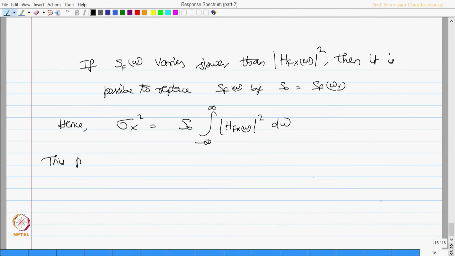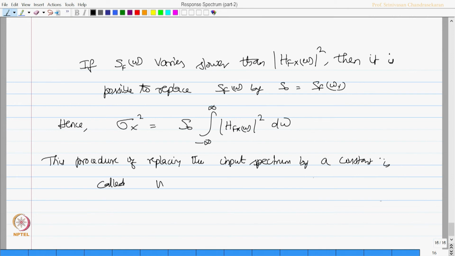This procedure of replacing the input spectrum by a constant is called white noise approximation.